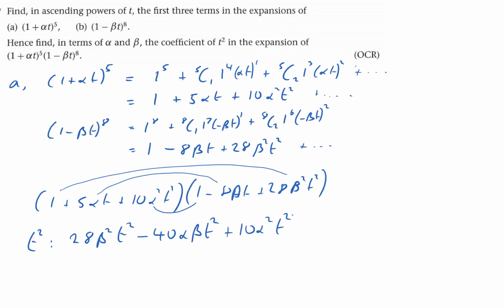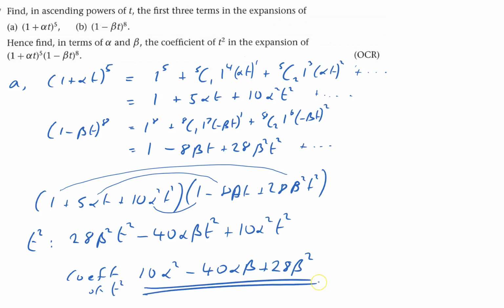So the coefficient, well, I might as well do it in alphabetical order, although Greek alphabetical order, so alpha, beta, gamma, delta, etc. So we've got 10 alpha squared minus 40 alpha beta, and then plus 28 beta squared, and that is the coefficient of t squared, and that's done.